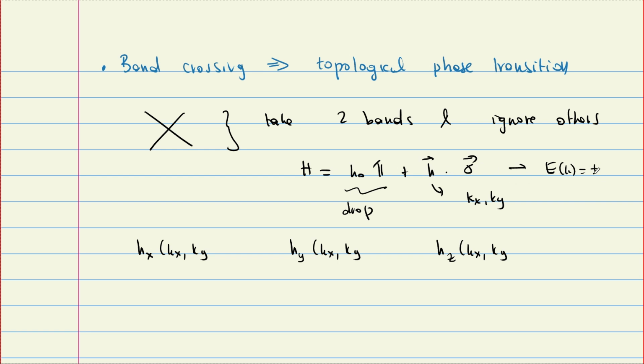It's going to be plus or minus the absolute value of H. And if there's a band crossing like this, H needs to vanish, and the X, Y, and Z components of H need to vanish. But this means there are three conditions on two parameters, right? Three conditions on two parameters is like an overfitting problem. It's nonsense. So you need to have an additional parameter. Let's call this M.